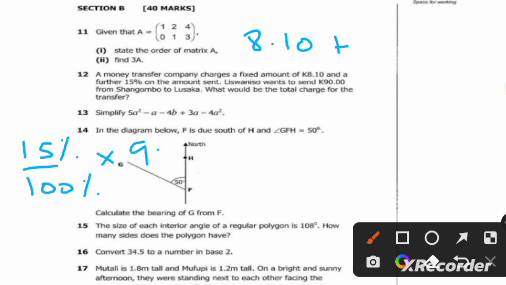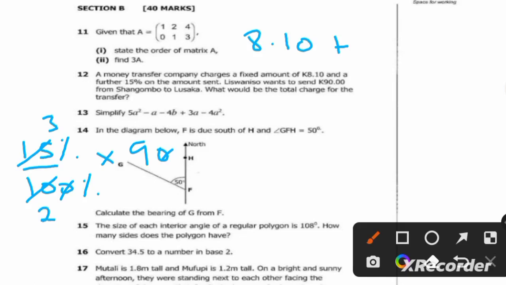Okay, so we are going to simplify. This 0 and this 1 will cancel. Then here we are going to say 5 into 15 is equal to 3. 5 into 10 is equal to 2.